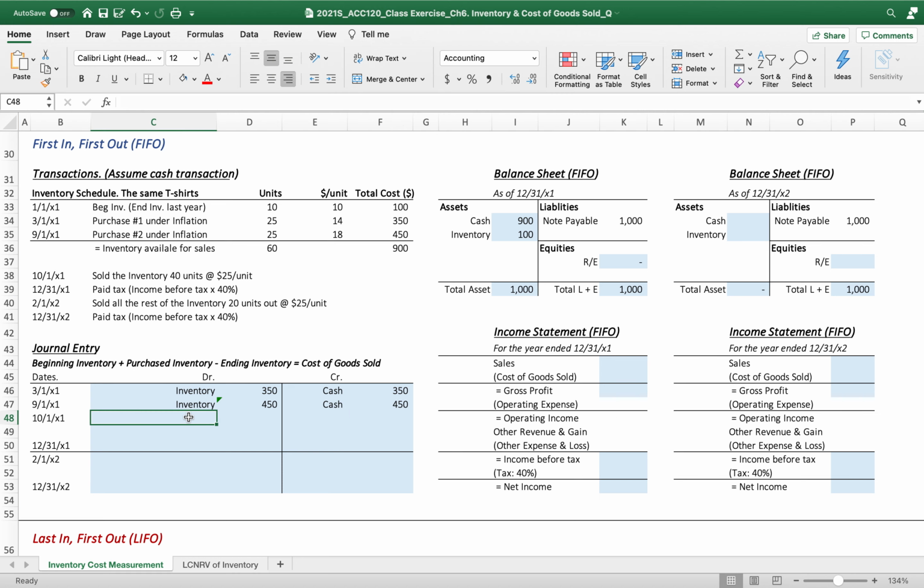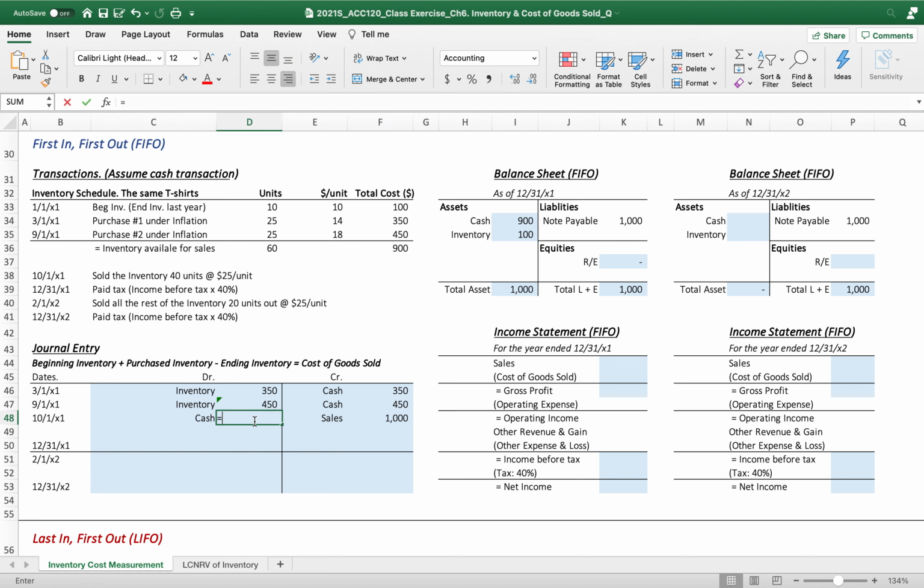Then October 1st, we sold the inventory 40 units at $25 per unit. So the sales and the cash in. How do you record this? Sales amount, $25 per unit times 40 units.